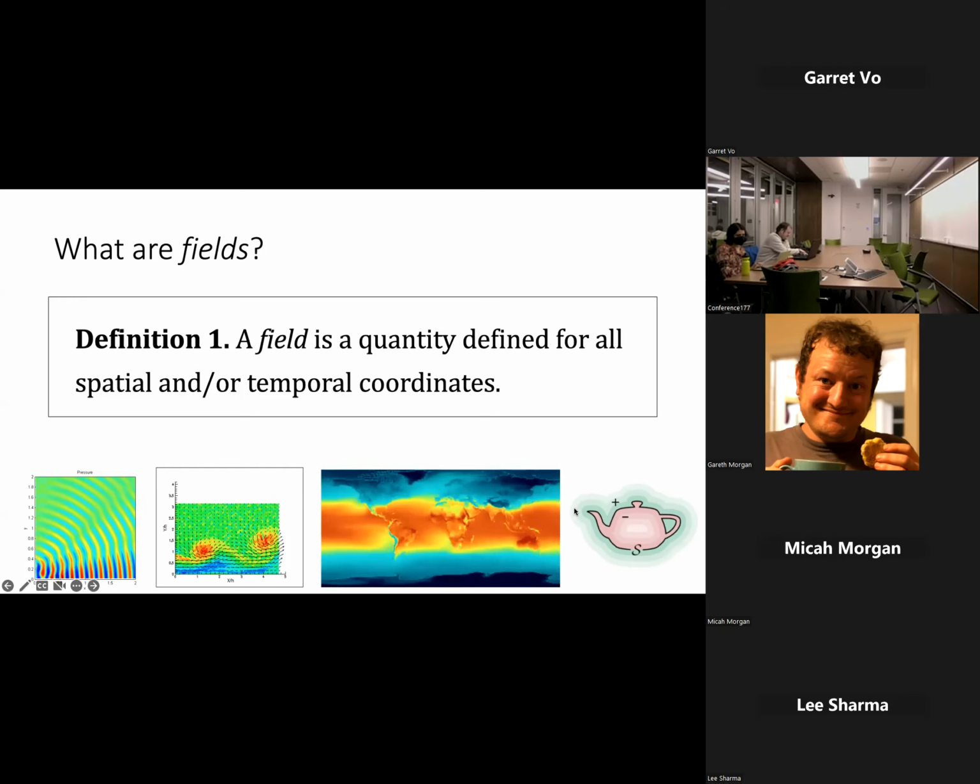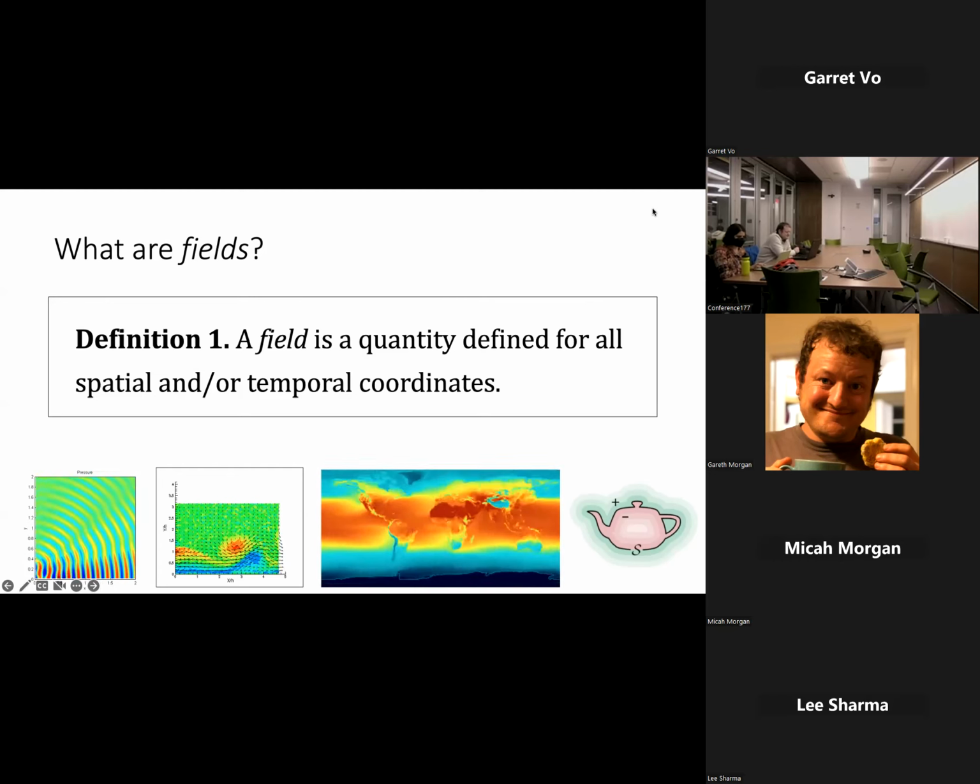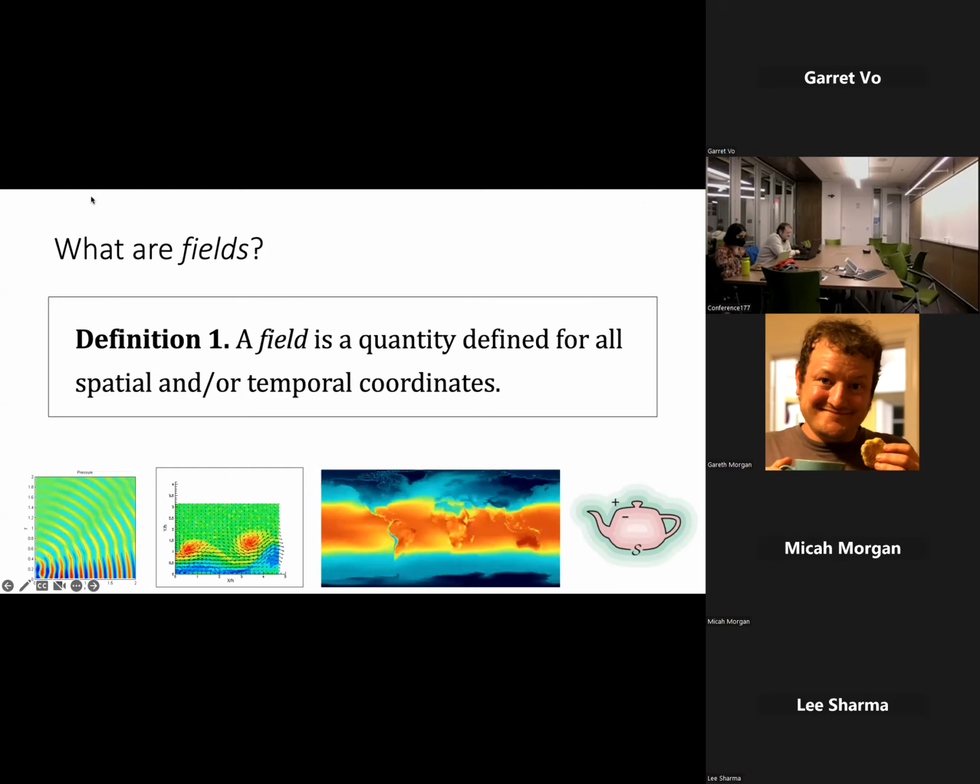Then we've got the surface temperature of the Earth. And finally, we have something slightly different, which is a signed distance field, which is a representation of a 3D volume. So all kinds of different fields. They are really, really important, and maybe important is the wrong word. They are absolutely indispensable in physical simulation.